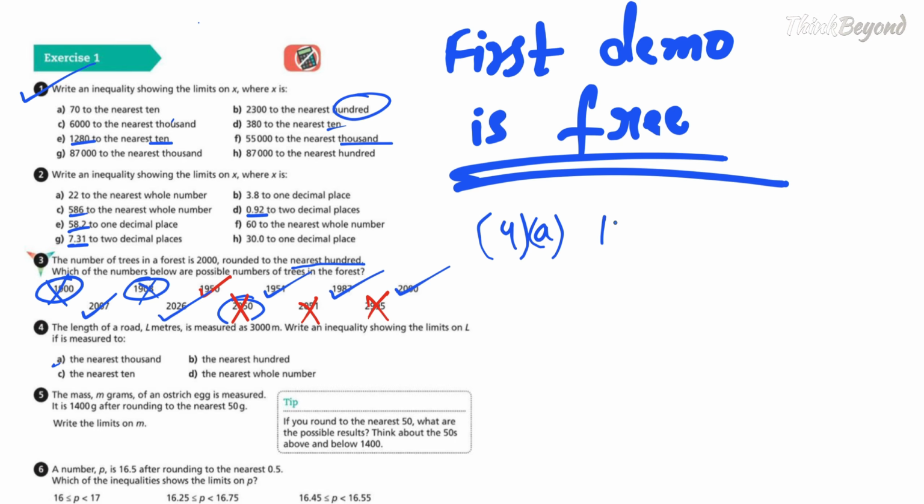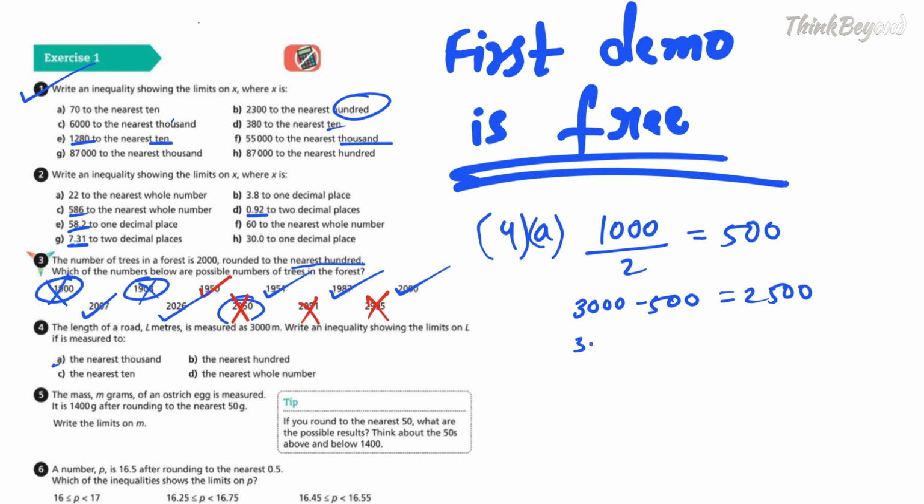Calculate half of 1000, which is 500. Now write the inequality. 3000 minus 500 is equal to 2500. The next, 3000 plus 500 will give you 3500.